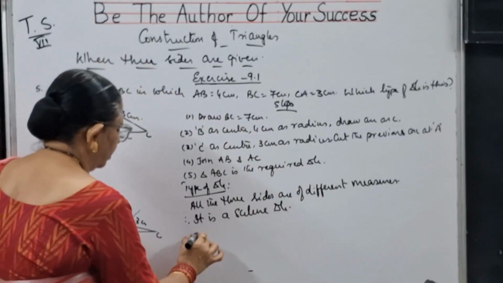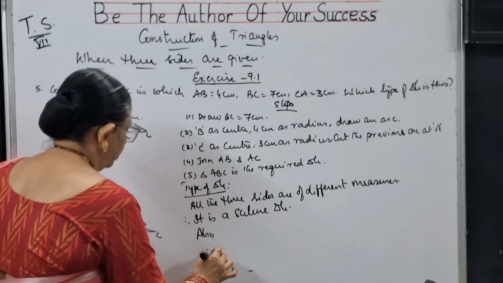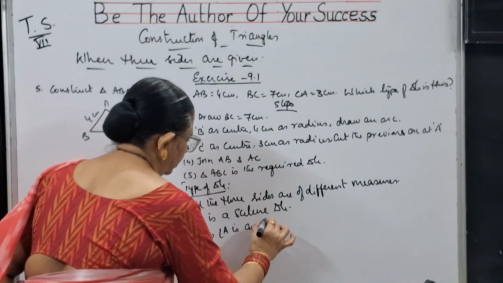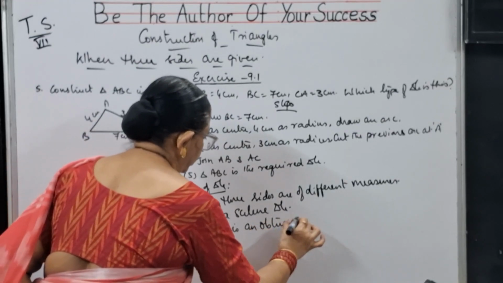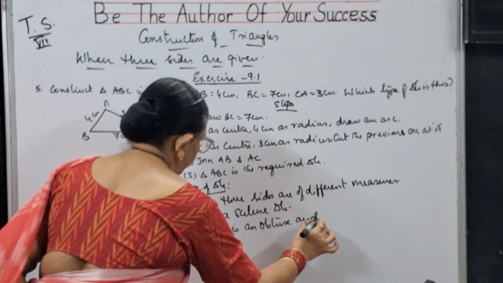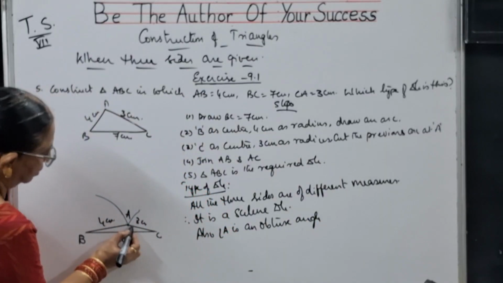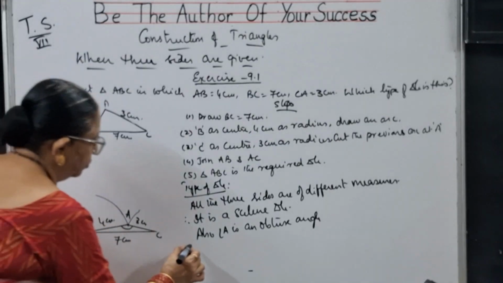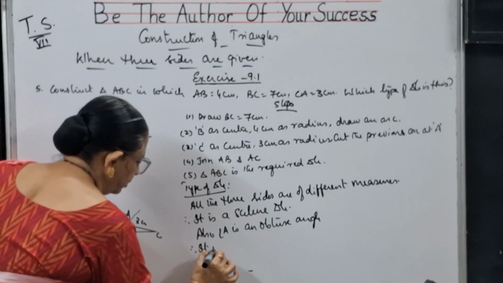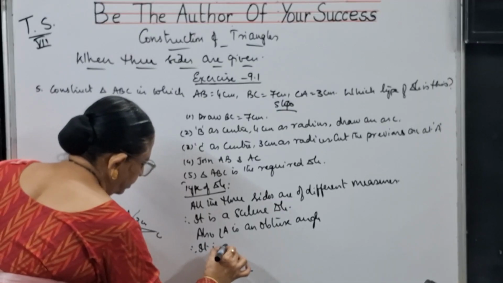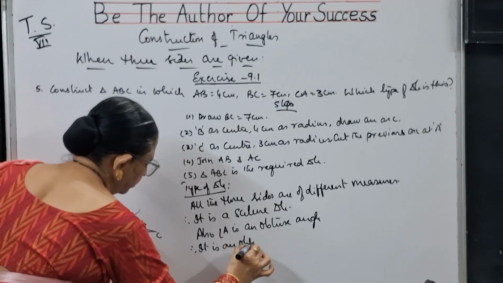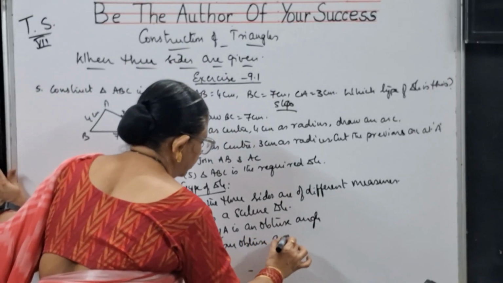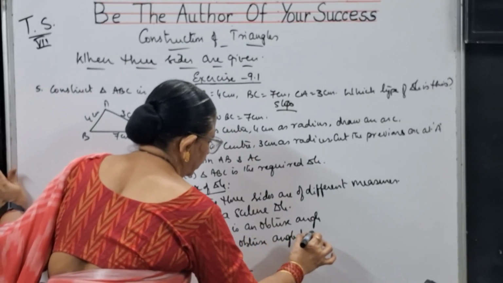Apart from this, you can also write that angle A is an obtuse angle. Yes or no? See, we can observe that this angle is more than 90 degrees, you can see. Therefore, it is an obtuse angled triangle.